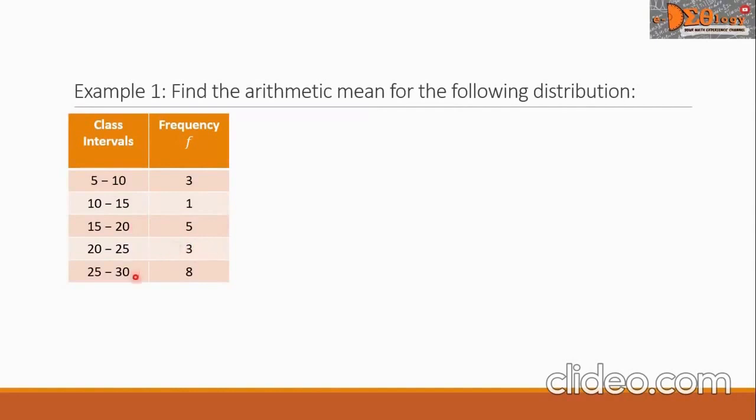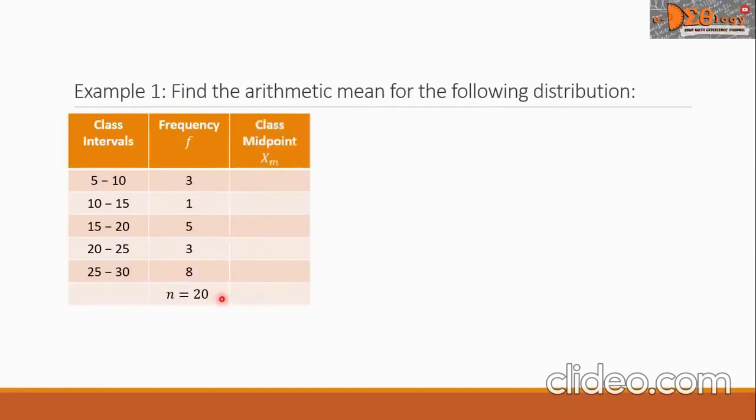The fifth group is from 25 to 30 with frequency 8. The next step that we will do is to compute for the n, the total number of cases, where we will take the sum of all the frequencies, and this is equal to 20.